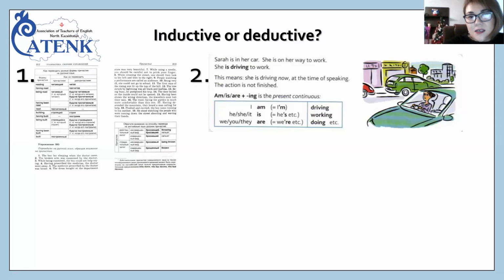So this is a context, and you see they highlighted she is driving to work. So this is noticing: the author is trying to make students notice the pattern. Then after that he explains the grammar, and then maybe they have some practice. Okay, let's move on.